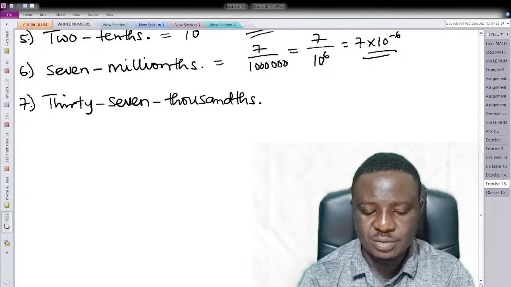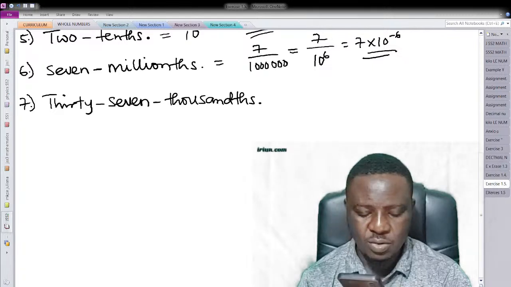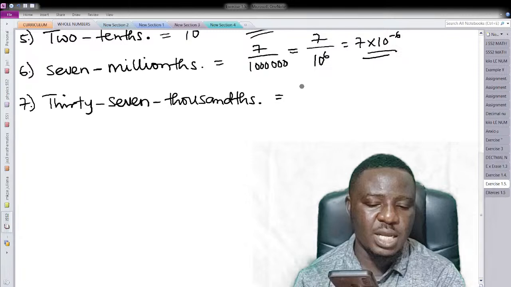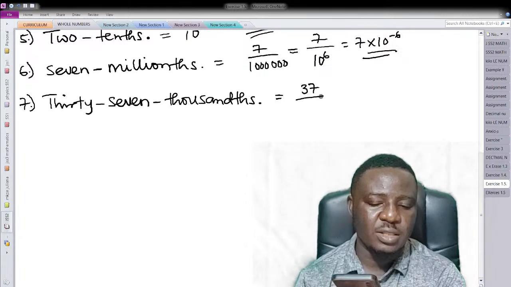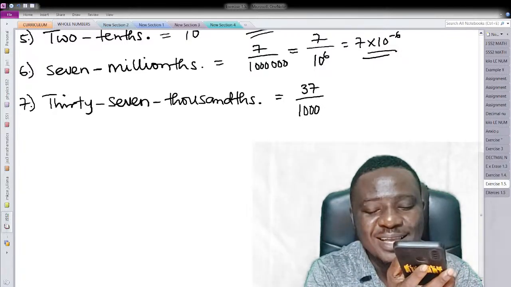Number 7, this is 37,000. 37,000 can be expressed as 37 divided by 1,000, right? Yes, sir. Can you do this one?